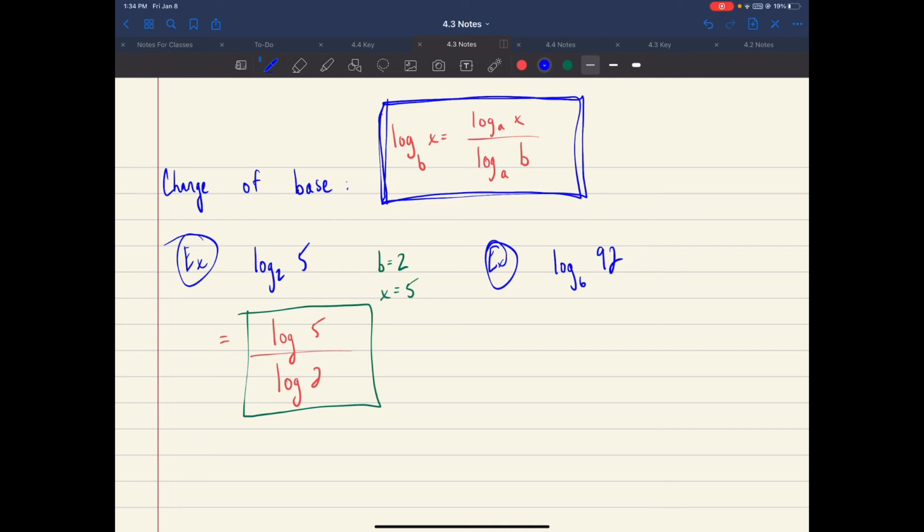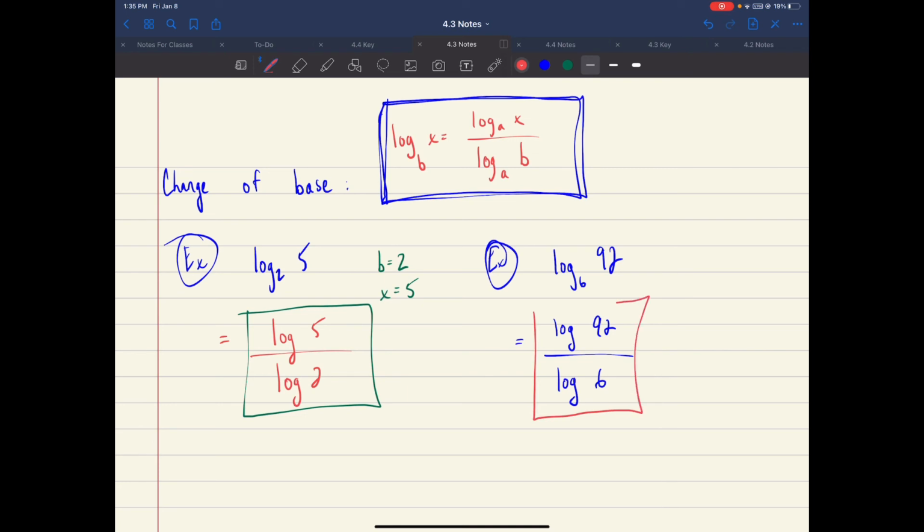So I look at that like, well, that's going to be above 6 in the fraction too. So all I need to remember is that whatever base I want, so I want base 10. So then I just put the 92 over the 6. So it would be log of 92 divided by log of 6.